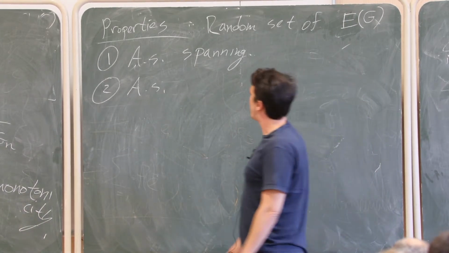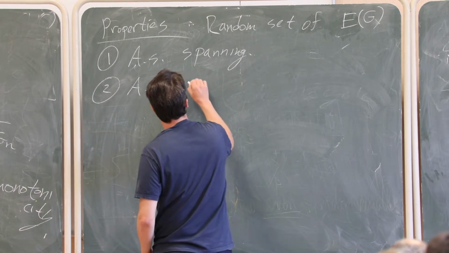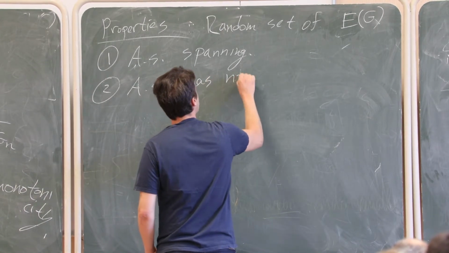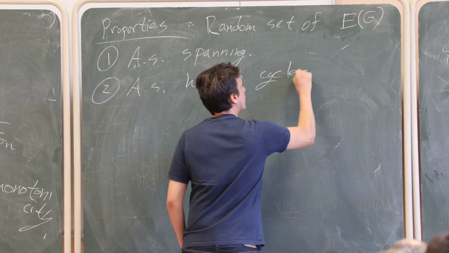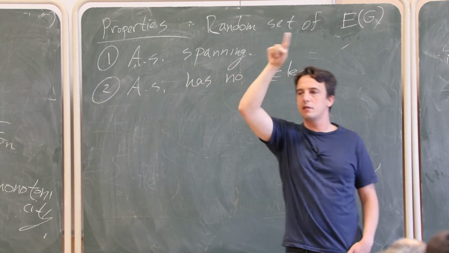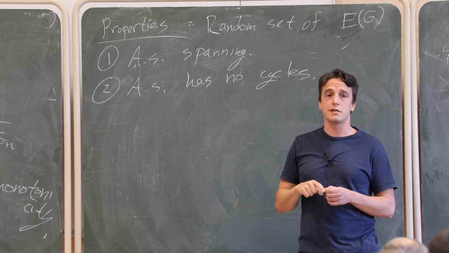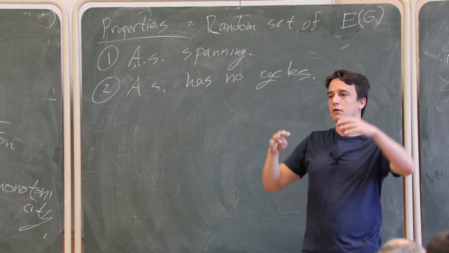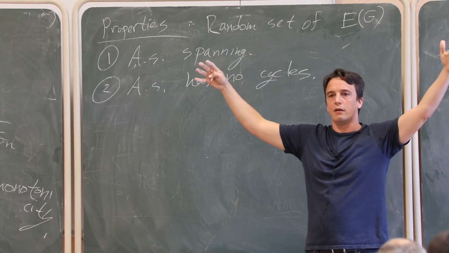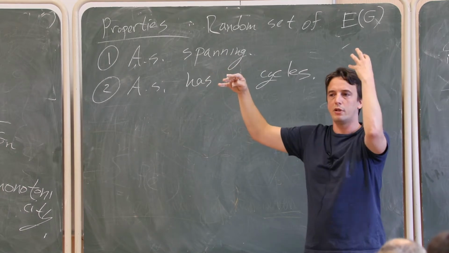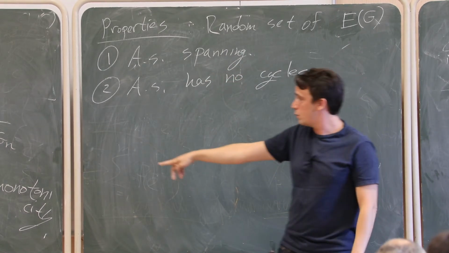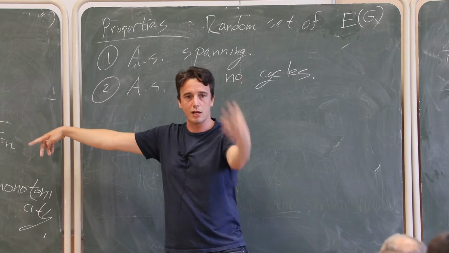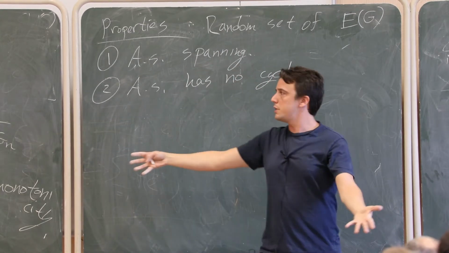So it is almost surely spanning, and it almost surely has no cycles. Right? So this random set will not contain a cycle because the number of cycles is countable, and each cycle, from a certain n that contains it, has probability 0 of being in the UST of Gn. So the probability that this cycle is in the limit is going to be 0 as well.